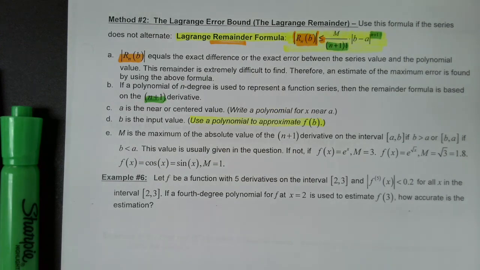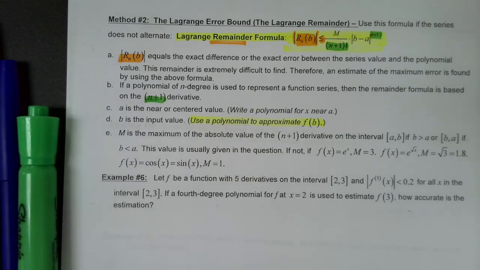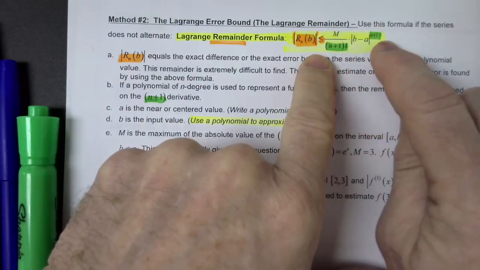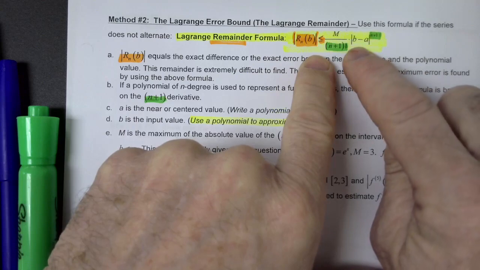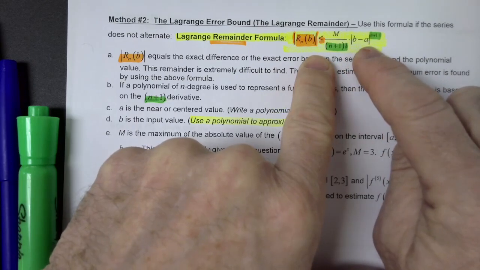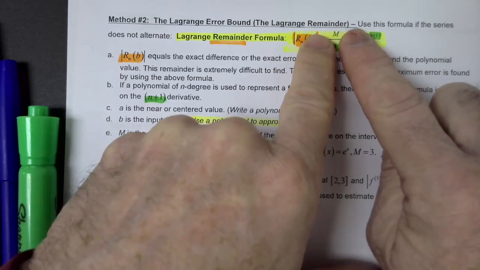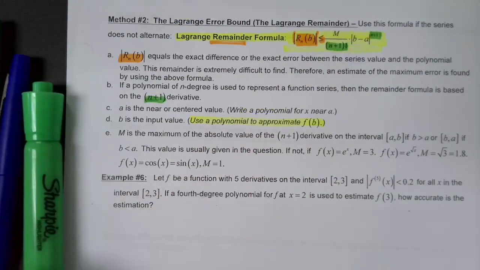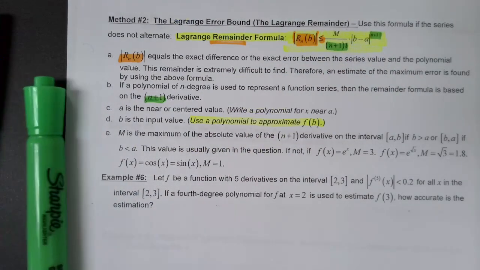Okay. M is the maximum absolute value of the derivative. Okay, this should look like our Taylor polynomial, doesn't it? N plus 1 factorial, n plus 1, basically x minus a. This m then represents the n plus 1 derivative. Okay?